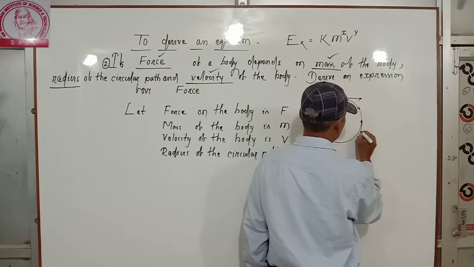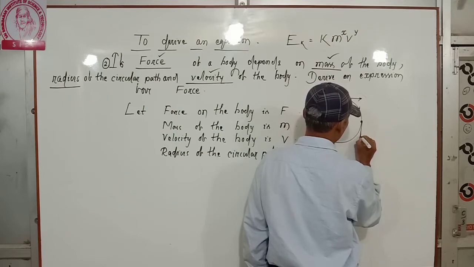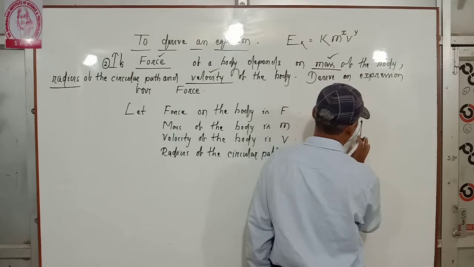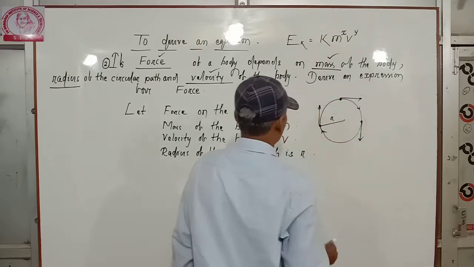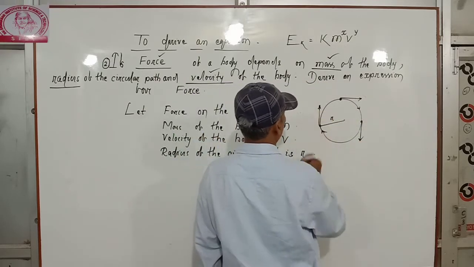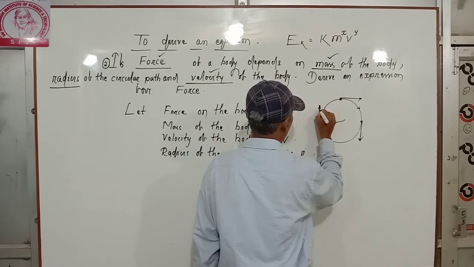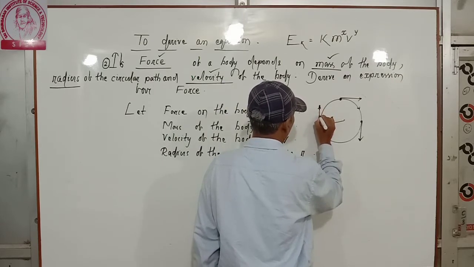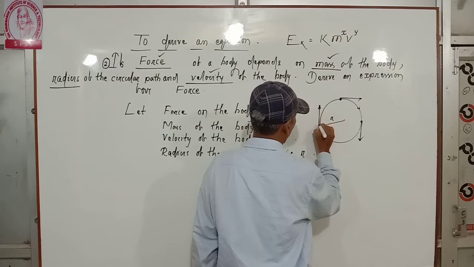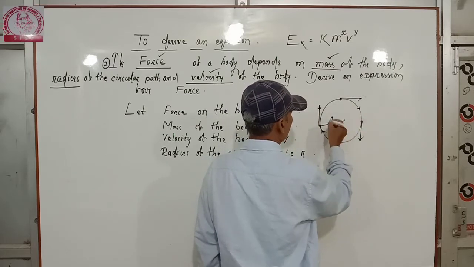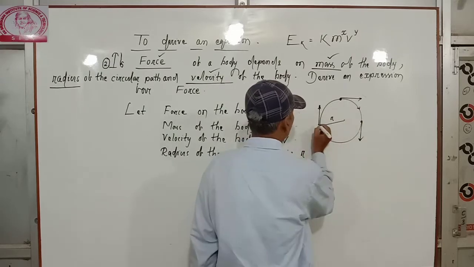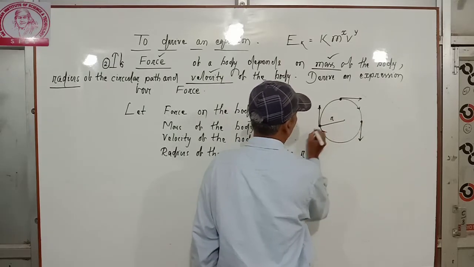Tangential means tangent. Tangent means sparshaka, right? So this is V. Tangential velocity is V. The tangential velocity of the body is V. Radius of the circular track is R. Mass of the body is M.